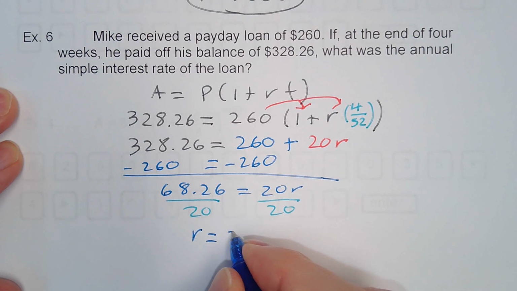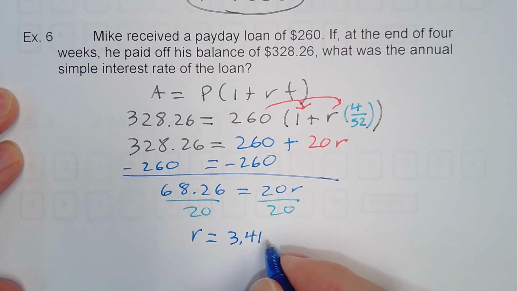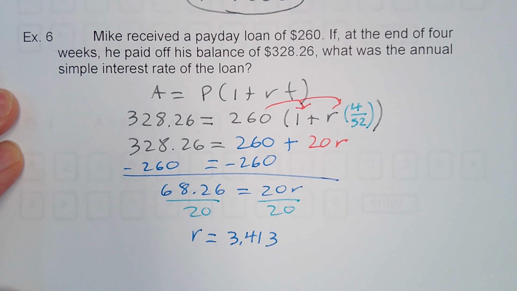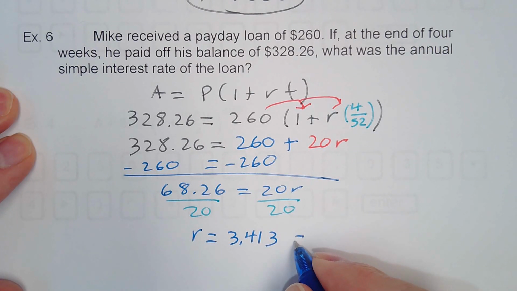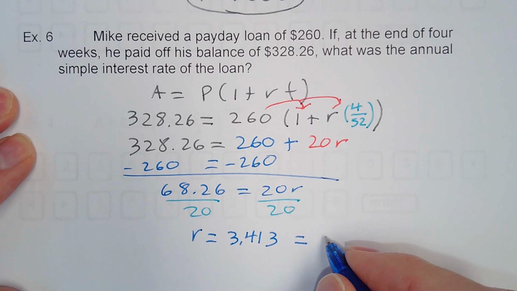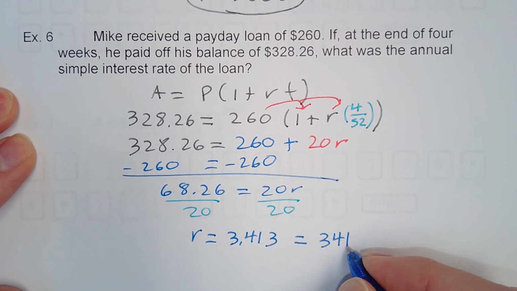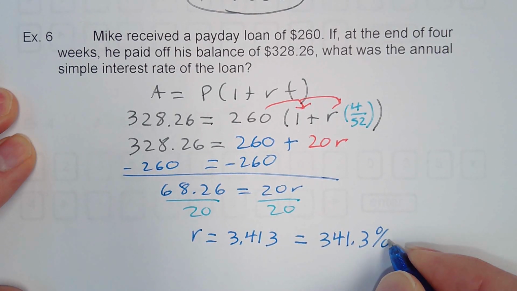Gives you r equals 3.413. Remember, this is in decimal form. We've got to change it to percent. So when we do that, that becomes 341.3%.